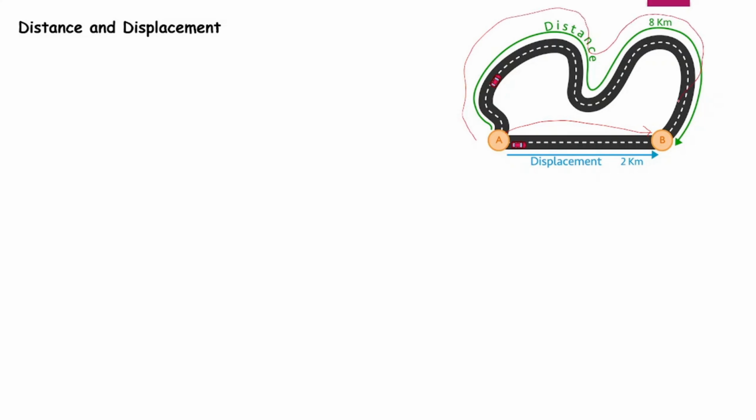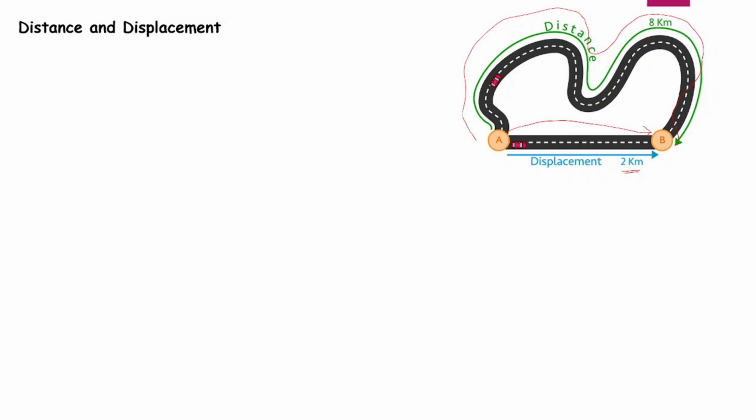So it takes 8 kilometers to reach if the car goes by this zigzag road. There is a small road, or it is a straight road, and the distance is only 2 kilometers. So which is the simplest or the nearest way? It is this one, A to B, the straight road. That is the simplest or the shortest route.